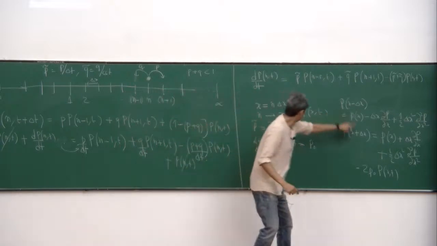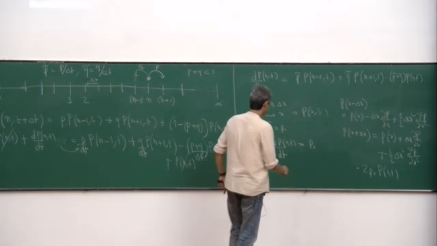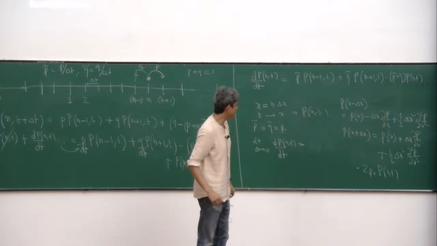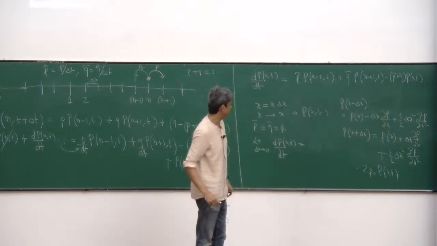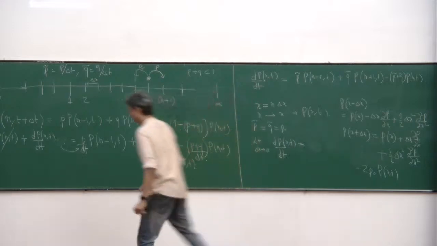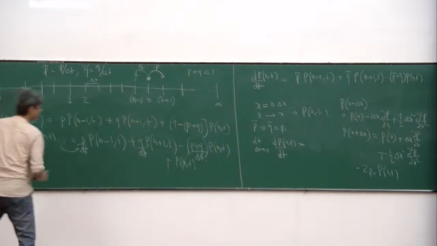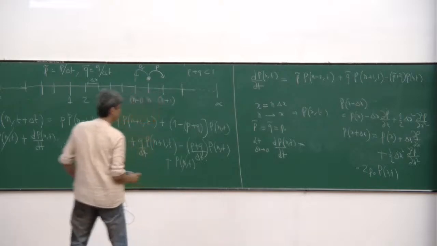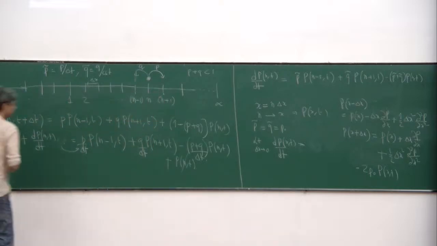If I put all this in this equation, can you tell me what we will get in leading order? Oh, sorry, I made a mistake. Did I make a mistake? No, it is fine, right? So what is there in leading order?